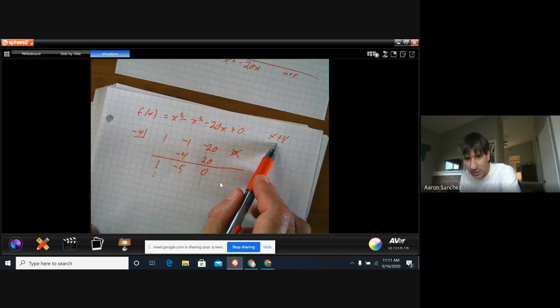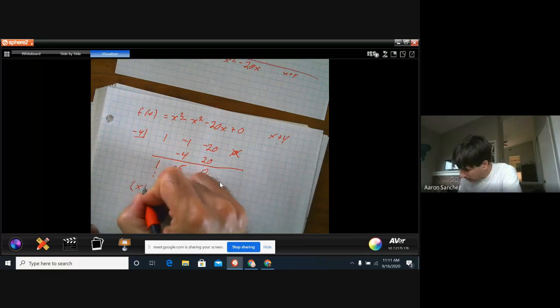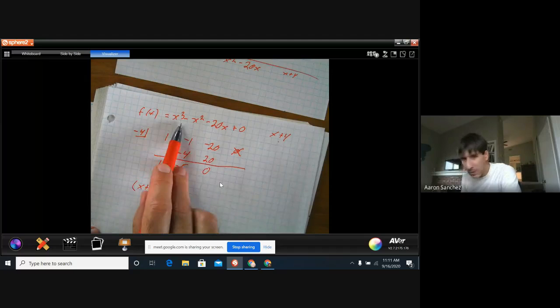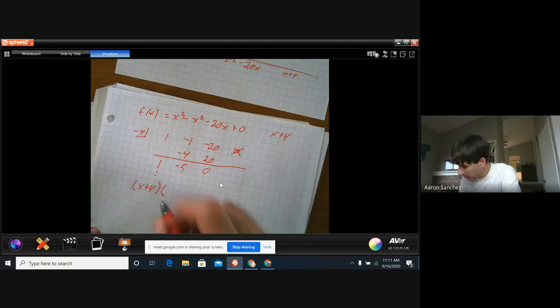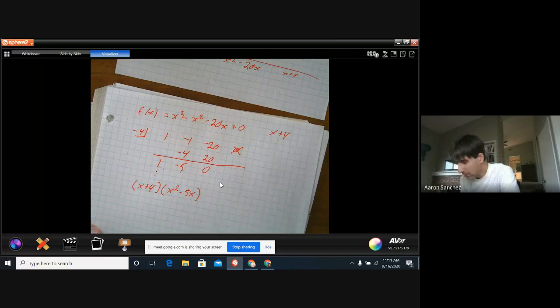To factor it completely, I would go like this. x plus 4 times, okay? Remember, this was x cubed. So now this becomes x squared minus 5x. And then we don't need the 0 there. To factor it completely, I can factor out an x here, right?